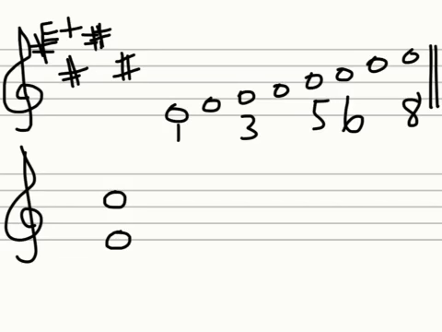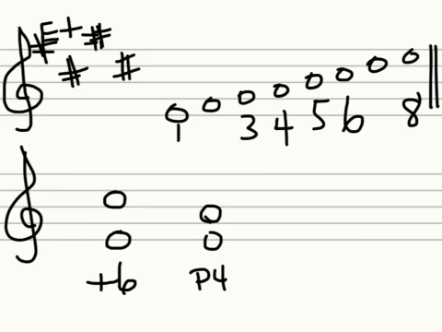That is a major sixth. If I wanted to have a perfect fourth in E, I'd go from the first note to the fourth note. There's a perfect fourth. Okay?